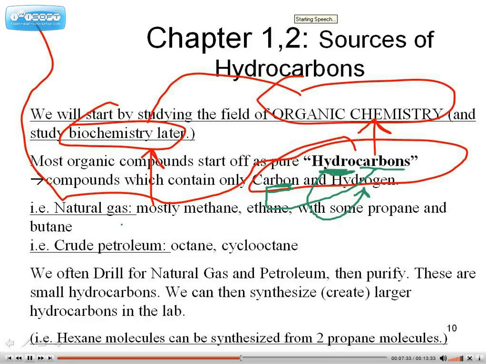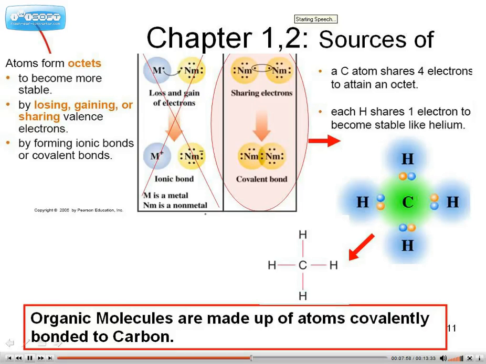So, common examples of hydrocarbons are natural gas, which is methane, ethane, propane, butane, all of the gases that we love to combust. Crude petroleum, those are also hydrocarbons, and so forth. So hydrocarbons is another specific word for organic chemistry molecules.